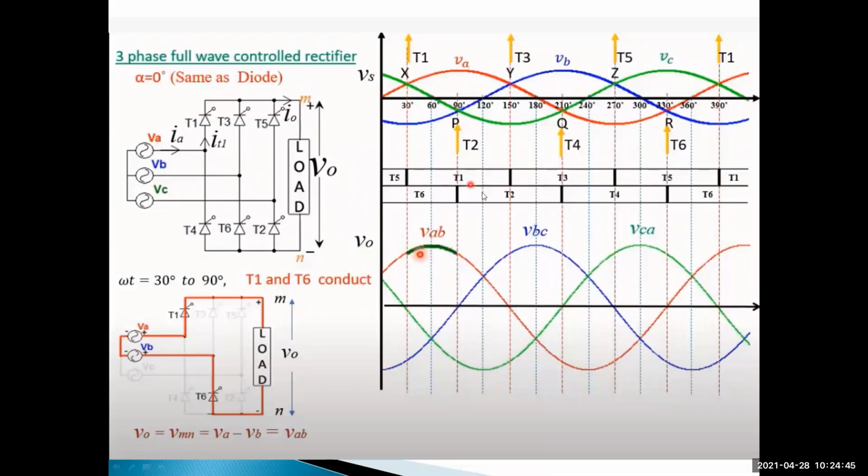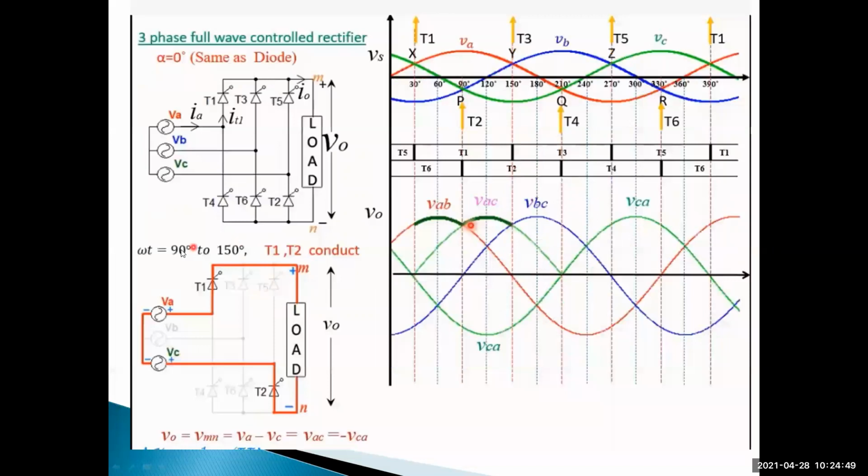Next, T1 and T2. For 90 degrees to 150 degrees, T1 and T2 are forward biased.